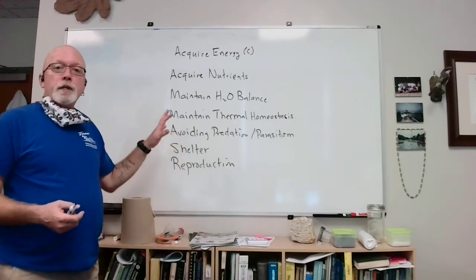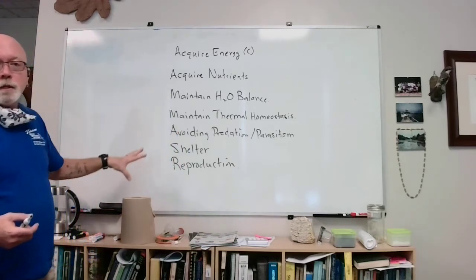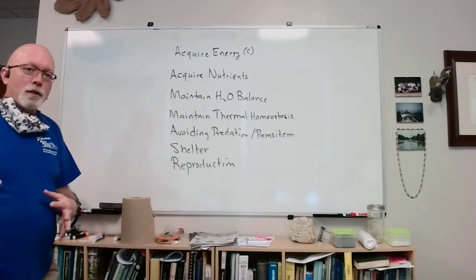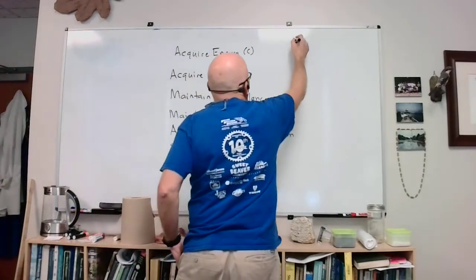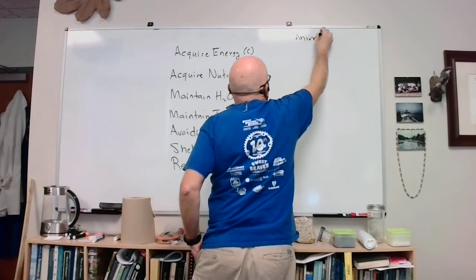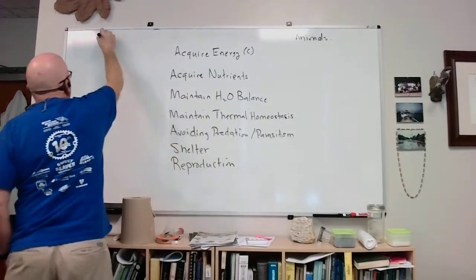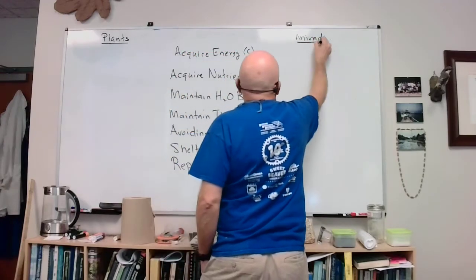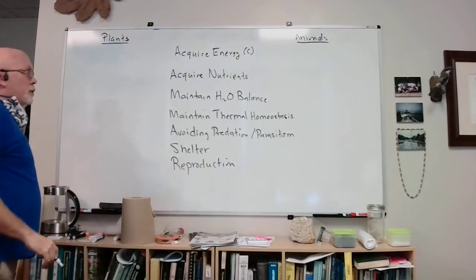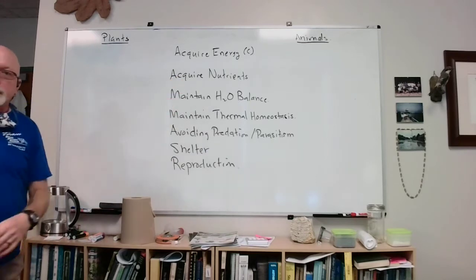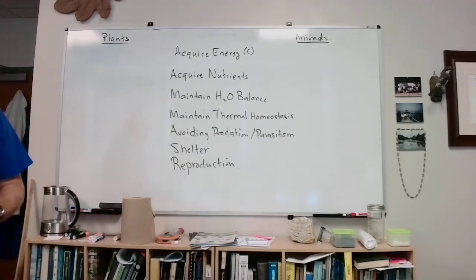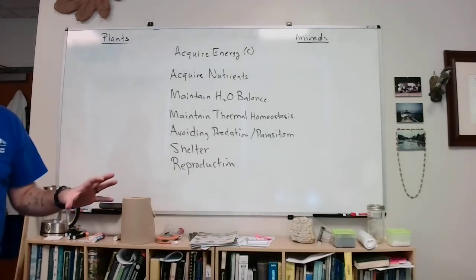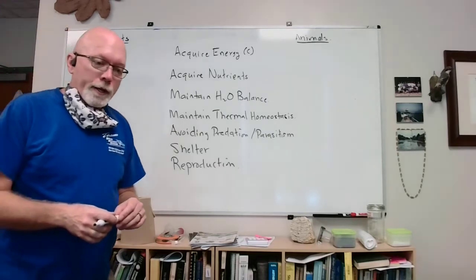What we want you to do is have these fundamental needs in your mind when you go out into the field, but just having these isn't sufficient, because animals are very different from plants. The way in which plants acquire energy is very different from the way animals acquire energy. So we might have to think about acquiring energy for plants as different from acquiring energy for animals.